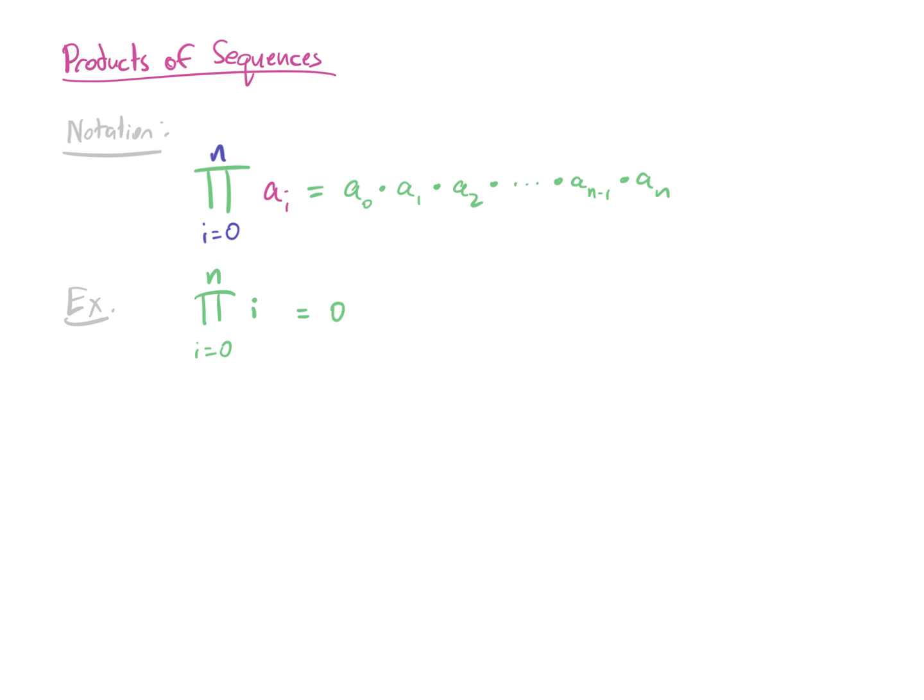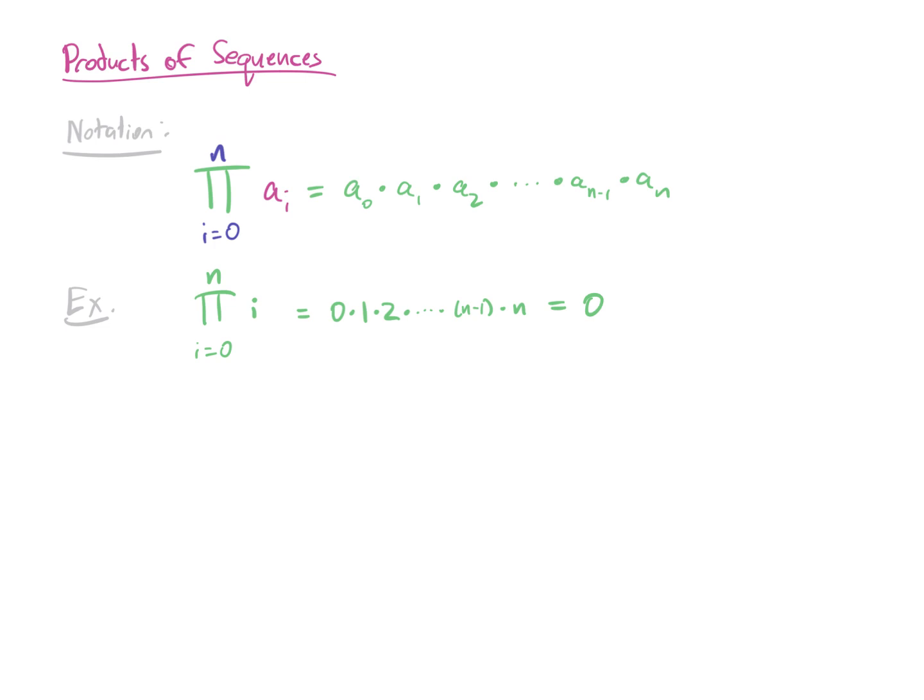I have to multiply 0 times 1 times 2, and then I'm going to multiply a bunch of other things, and eventually I'm going to get to n minus 1 and n as the final elements of my product here. And guess what? I have multiplied by 0, so my result is 0 no matter what n was. So not very interesting. This is a sign here. Be careful when you're doing products with the indices. They can make a really big difference.